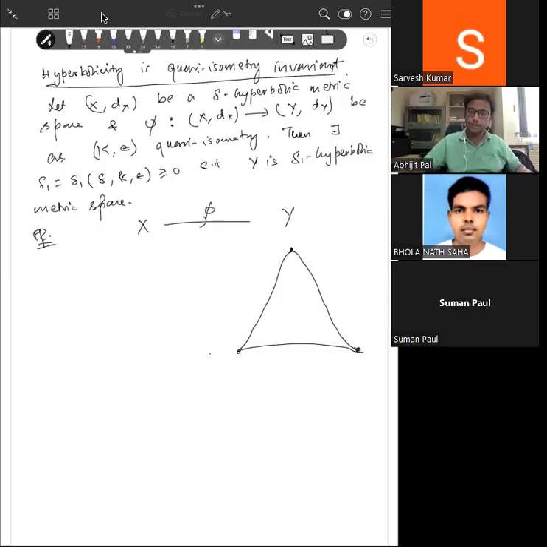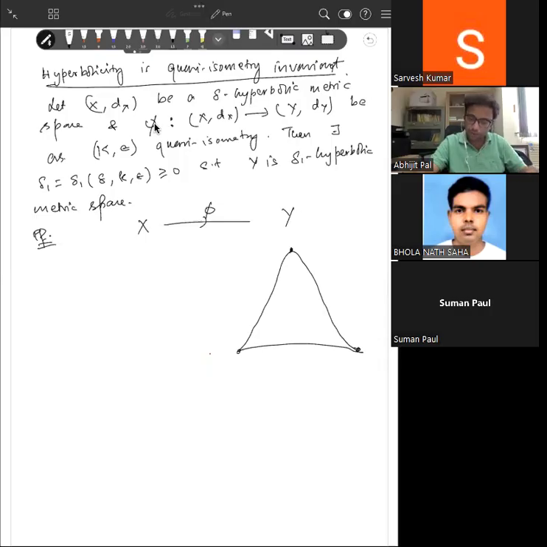How to prove this? Any idea? How to prove that this triangle is slim? Using the stability of quasi-geodesic, you have to prove this.